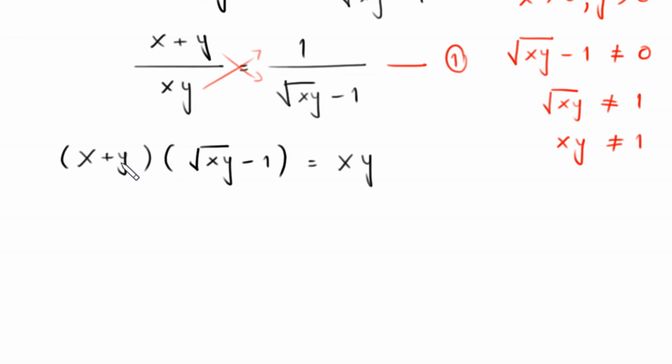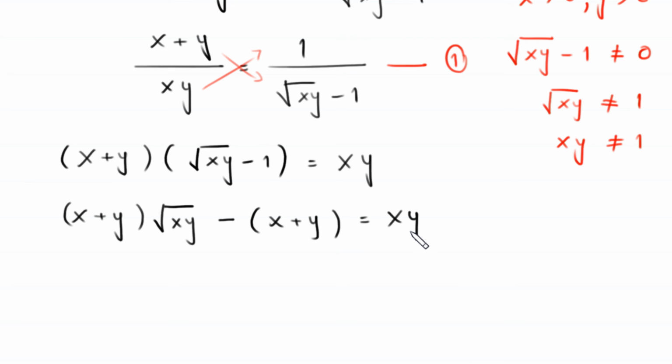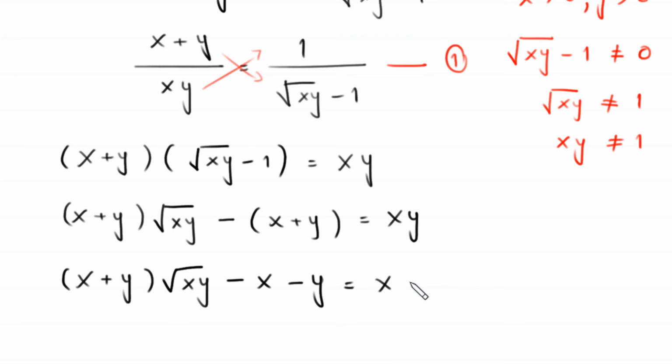Distribute this x plus y: this will become (x plus y) times root xy, and (x plus y) times negative 1, negative (x plus y), equal to xy. Further simplify: (x plus y) times root xy, negative x, and negative y, equal to xy.